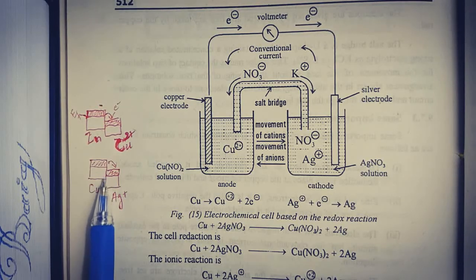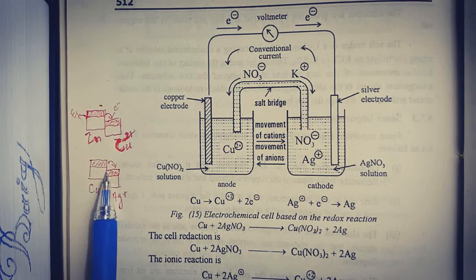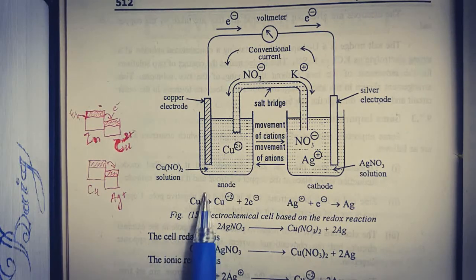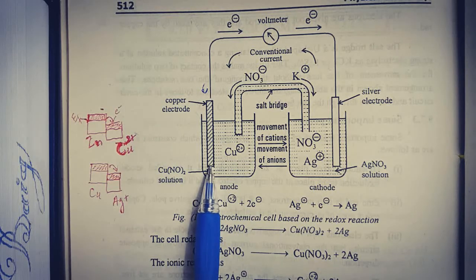electrodes that are connected by the external circuit. So in this second electrochemical cell, copper is oxidized here to make this copper rod electron rich.